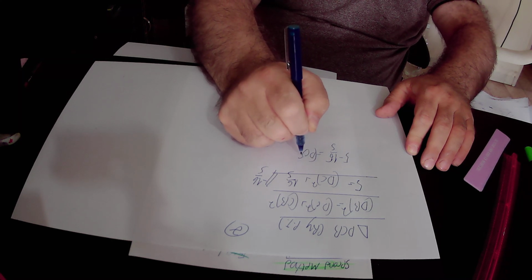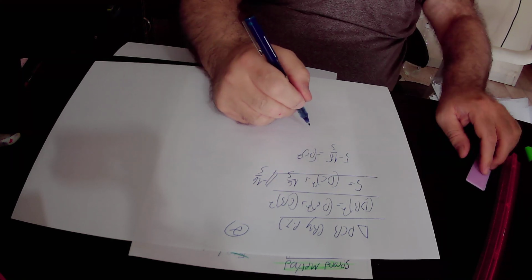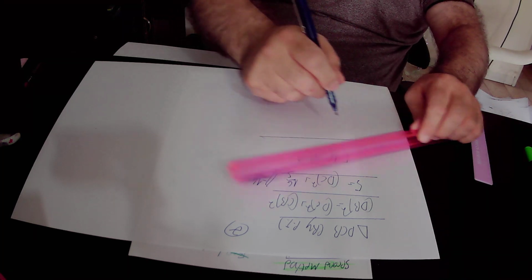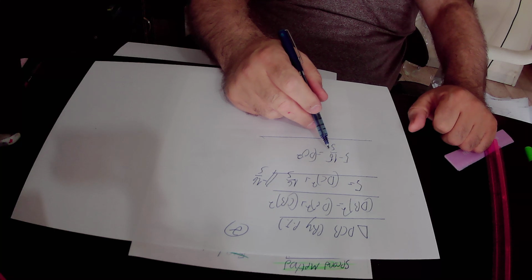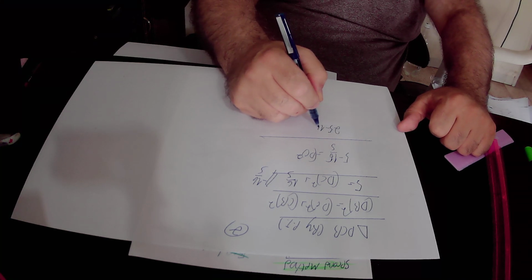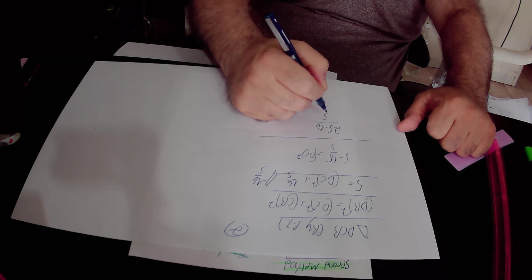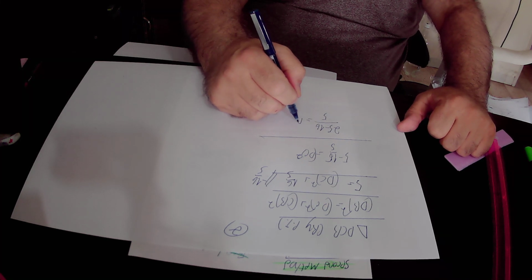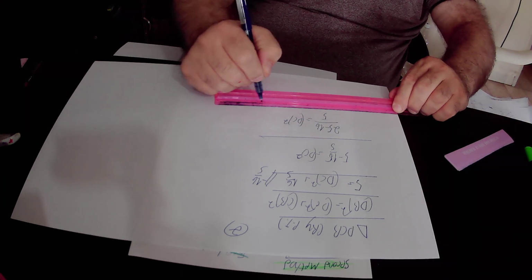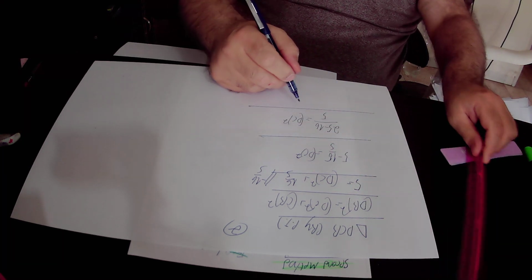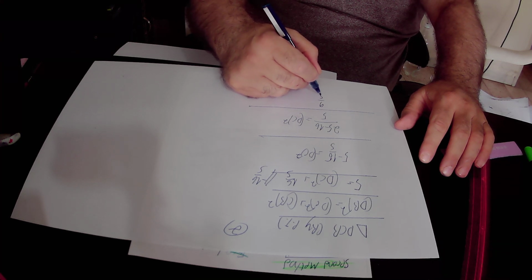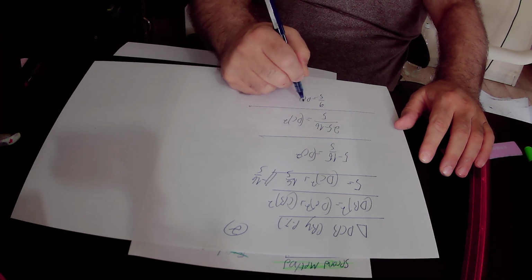Here I will multiply 5 by 5 and then divide it by 5 in order to have a common denominator. 5 times 5 is 25, so it is 25 minus 16 over 5, that is equal to DC square. 25 minus 16 is 9, so we have 9 over 5, that is equal to DC square.